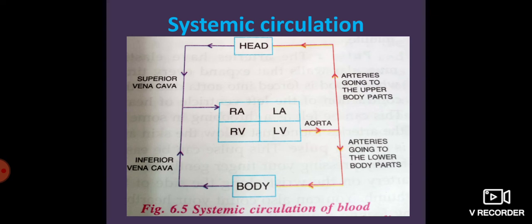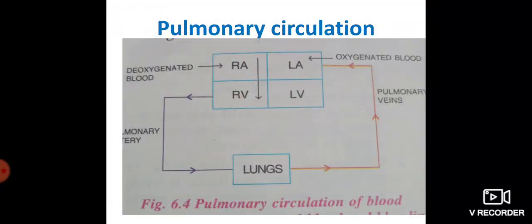Okay students, clear? Listen once more. In the human body there are two types of blood circulation: pulmonary circulation and systemic circulation. In pulmonary circulation, blood flows from the right side of the heart to the lungs through the pulmonary artery.